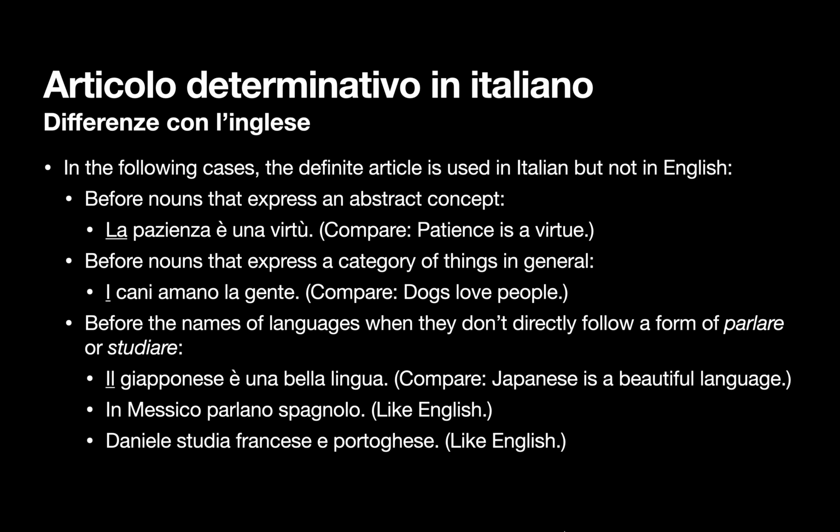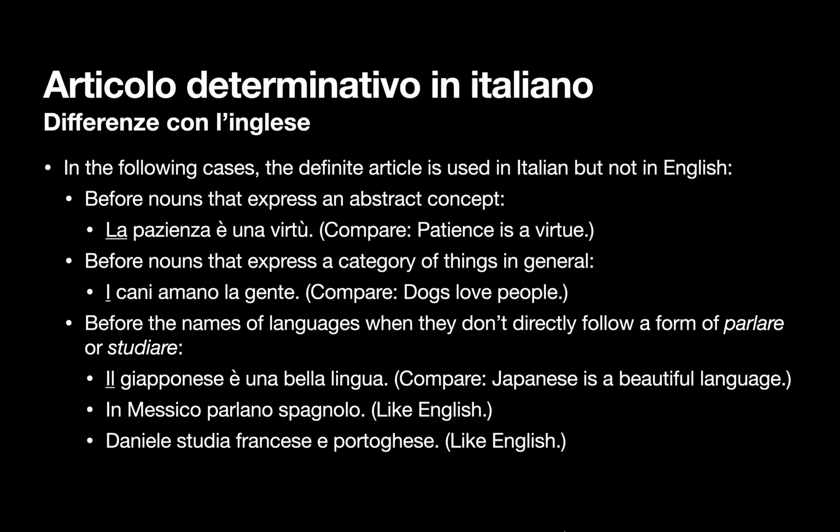So we say patience is a virtue, but in Italian they would say la pazienza è una virtù. La pazienza. And it's the same with any other noun like that that's an abstract concept. Generosity, anything like that, you're going to use the article with.